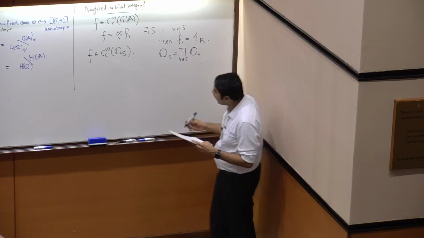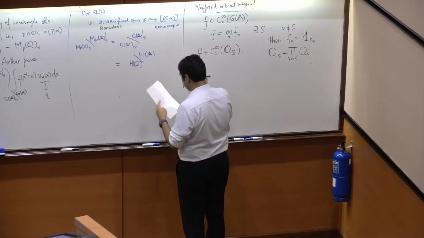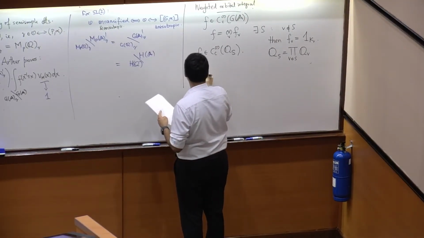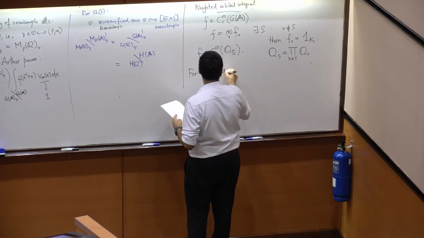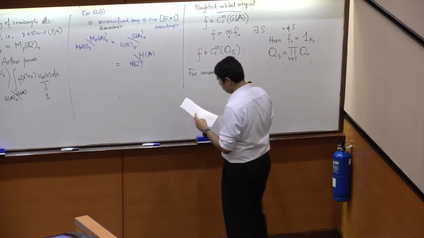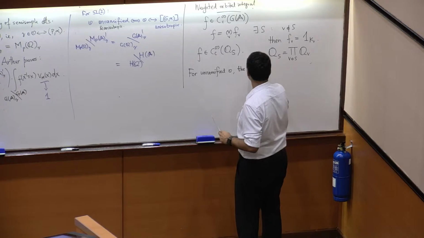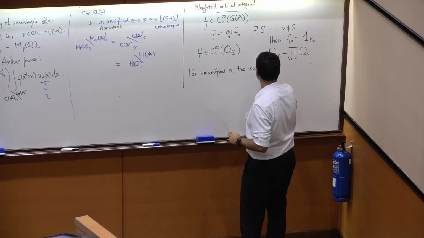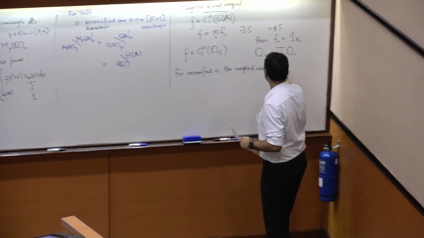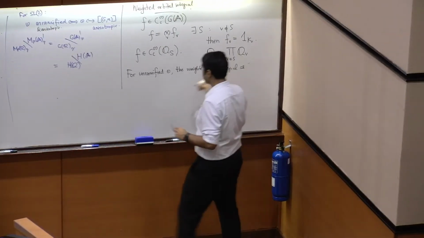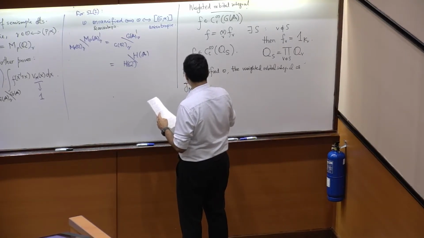So Arthur defines the weighted orbital integral as follows. For unramified O, Arthur defines the weighted orbital integral J_M gamma f.